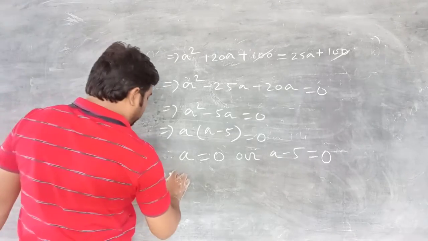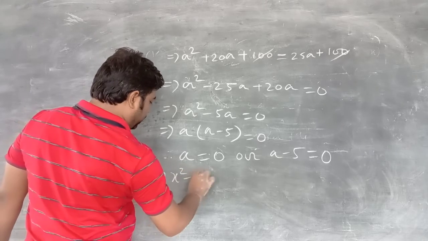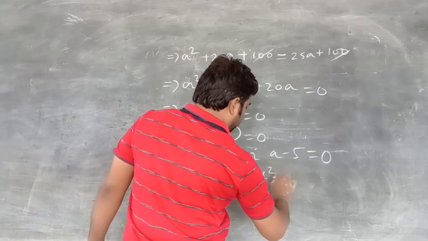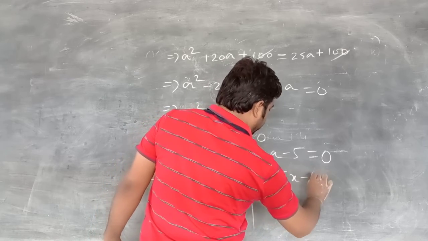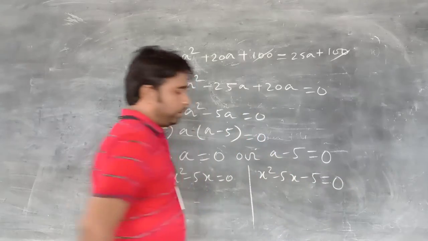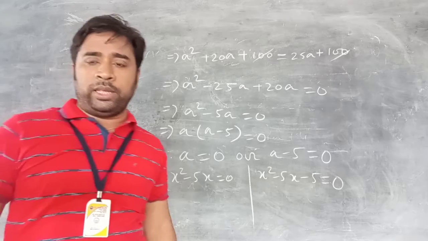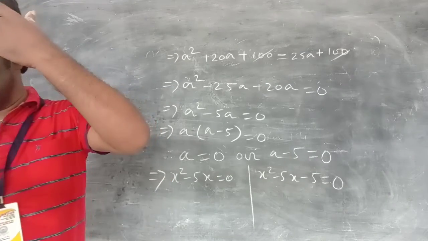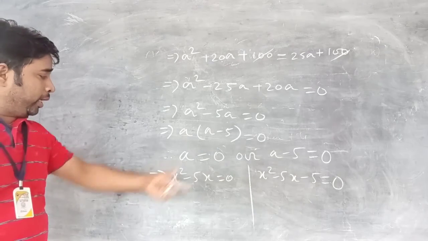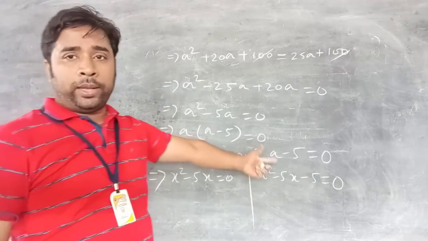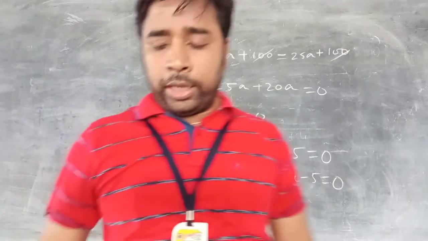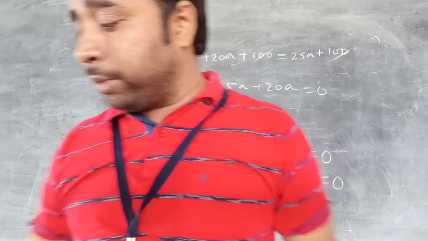So this is x square minus 5x equal to 0, or this is x square minus 5x minus 5 equal to 0. Okay, we can find the value of x from here very easily. So here we are directly getting the value of x. Here you have to apply the quadratic equation formula to find the value of x. So you complete it. Okay, in the next class from the same part we shall continue.